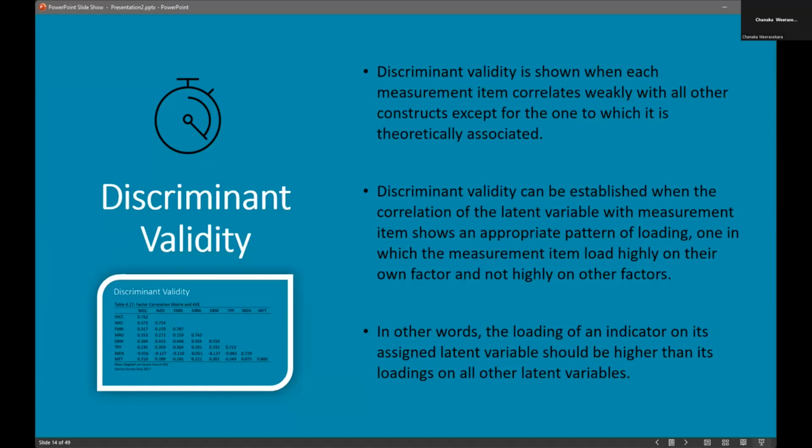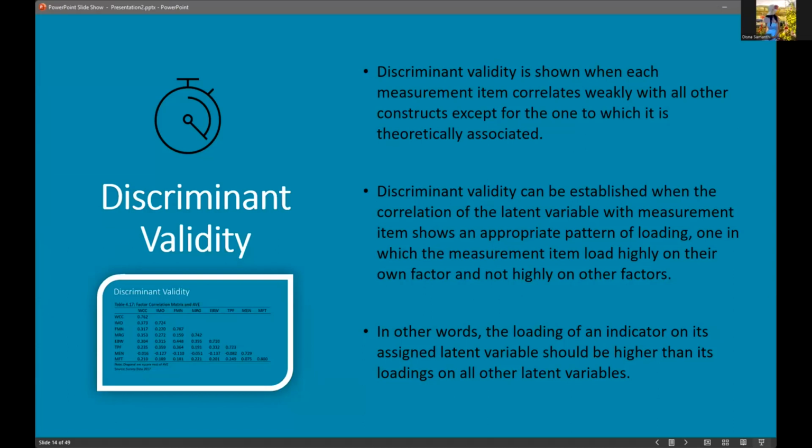They should be, because those two belong to two separate constructs. If the questions under one construct are highly correlated with the questions in another construct or variable, it shows that there is less validity when it comes to discriminant validity.